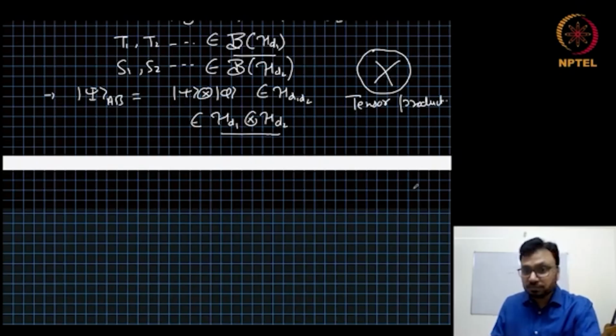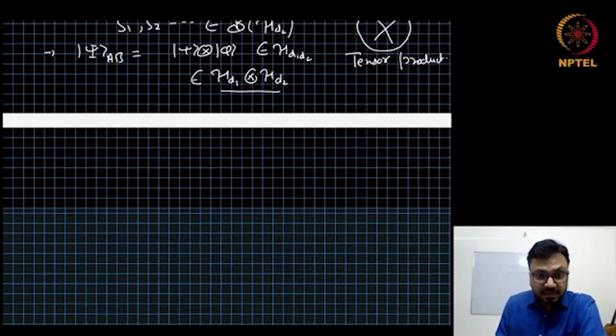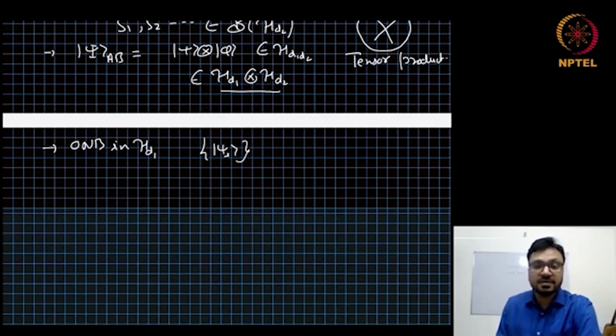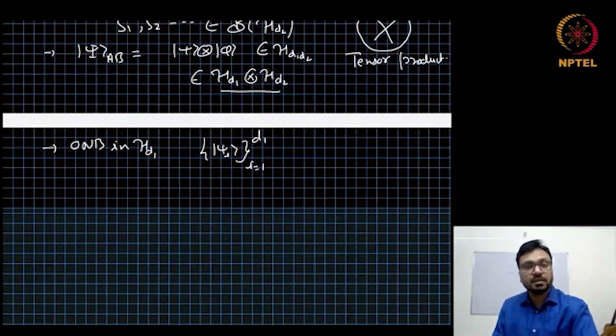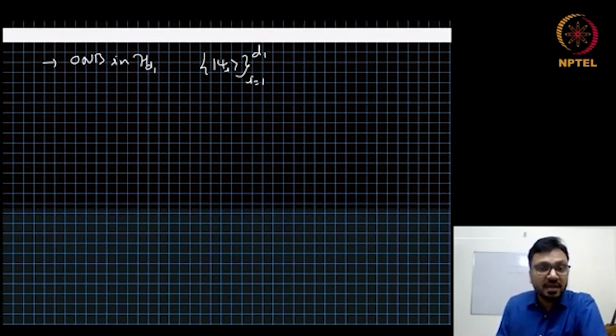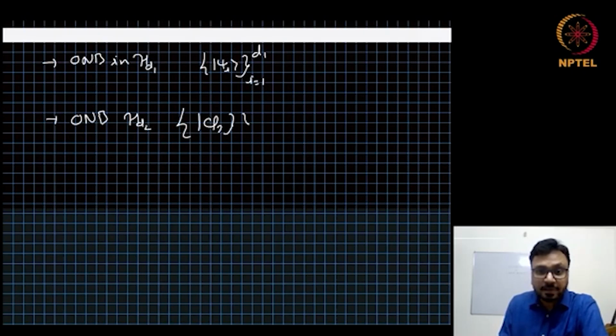Okay, so let us say there is an orthonormal basis in HD1, and let us represent it with psi i, where i is from 1 to D1. This is an orthonormal basis in HD1. Similarly, we have an orthonormal basis in HD2, and we represent it by phi j, j is from 1 to D2.